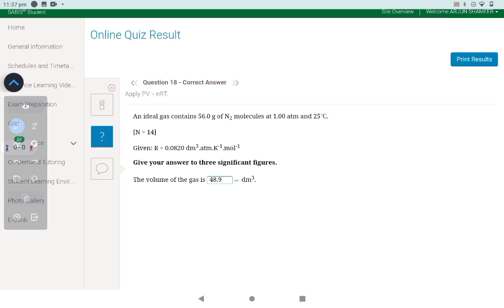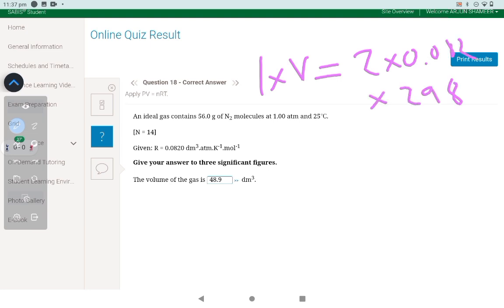Pressure is 1 multiplied by volume, we don't know the volume, is equal to N, which we have to find. Okay, molar mass 56 divided by N2, it's diatomic, so 28, we get 2. 2 times 0.082 multiplied by 25 plus 273, which is going to be 298.